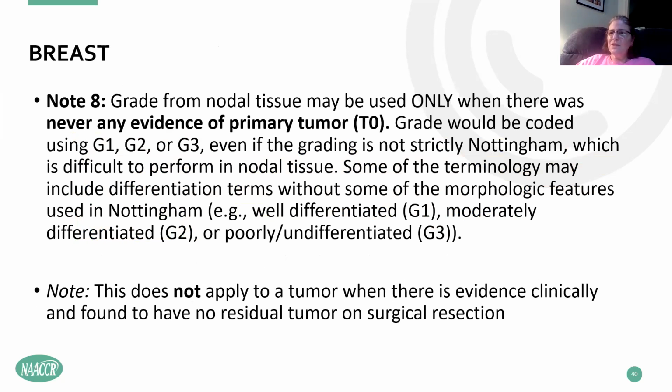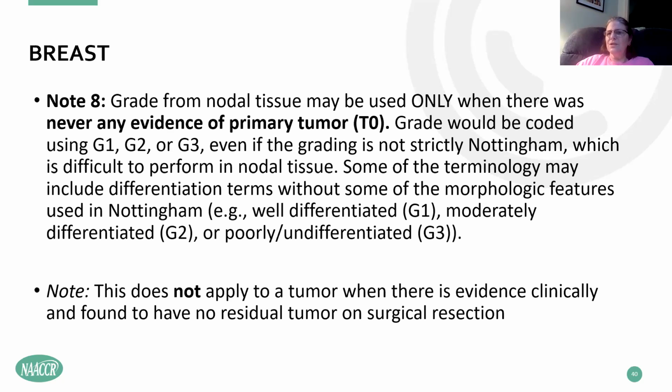For breast, we have a new note. Grade from nodal tissue. Remember I told you you couldn't use grade from nodal tissue. Well, here's an exception because there's always an exception to every rule. Grade from nodal tissue may be used only when there was never any evidence of the primary tumor. In other words, you have a T0.